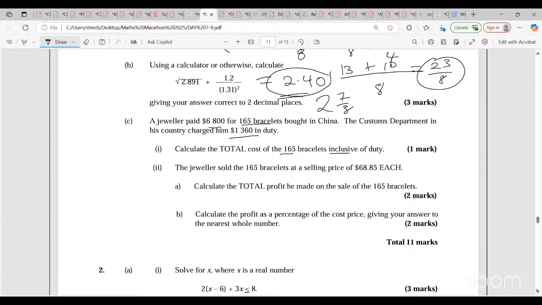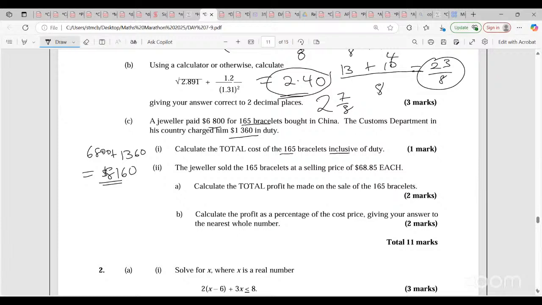You add the 6,800 plus the 1,360. How much again? 8,160. You say 8,160. That's what you get, guys.